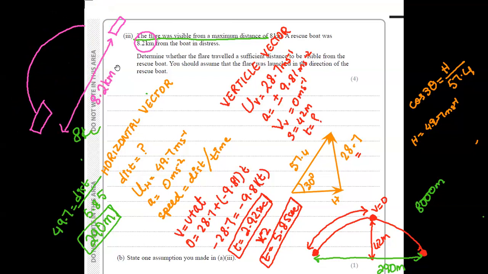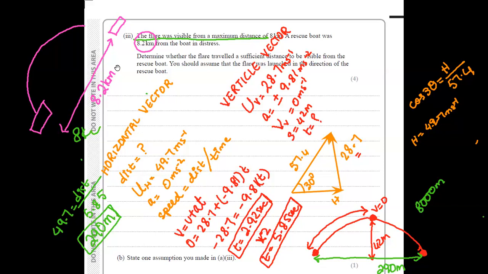Right? So let's go ahead and take a look. Let's say now the rescue boat is 8.28 kilometers from the distress, right? We need to figure out if that rescue boat is going to be able to see that flare or not. They have given us a value. They have told us the value is 8 kilometers.